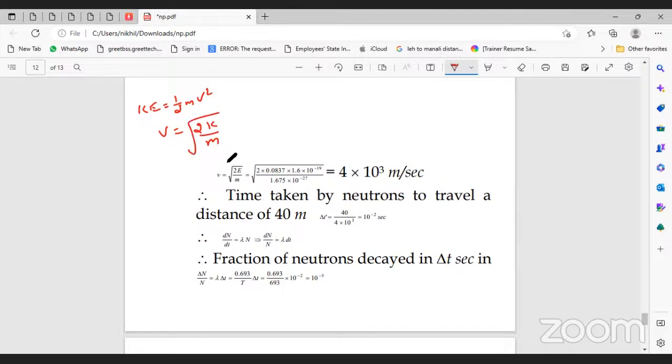They have given the kinetic energy and the mass. If you calculate that, it is found to be 4 into 10 power 3 meter per second. The energy is 0.0837 electron volt. You know how to convert that electron volt into joule by multiplying with 1.6 into 10 power minus 19.